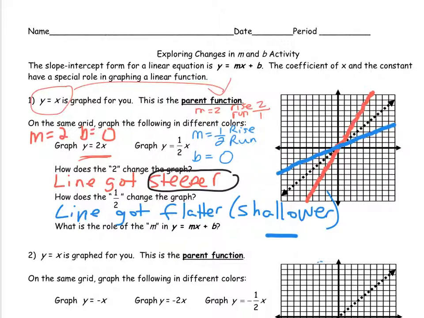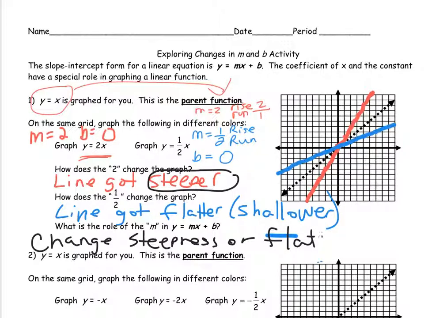So the role of the M is to change steepness or flatness. That's the only role of the M. Notice that the M did not make any change on our y-intercept. Y-intercept has a totally different job.